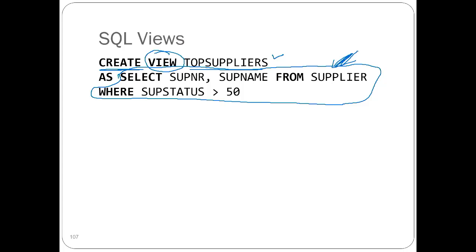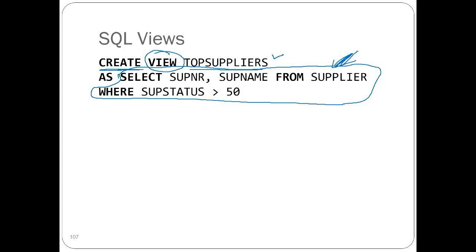If you focus on this simple query, it is selecting supplier number, supplier name from supplier, where supplier status is greater than 50. Very simple query. When you fire this query, it returns the supplier number and supplier name where the supplier status is greater than 50. Now this result that we are obtaining, the table, we can give it a name, or we can define it as a view.